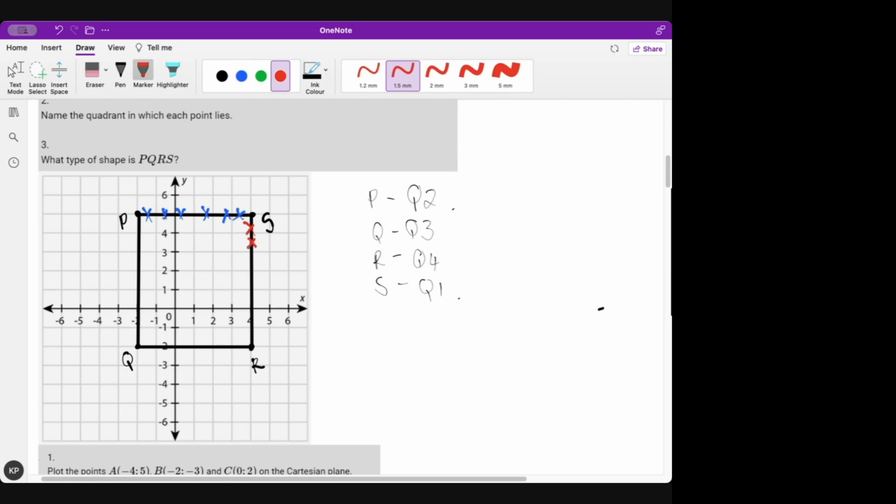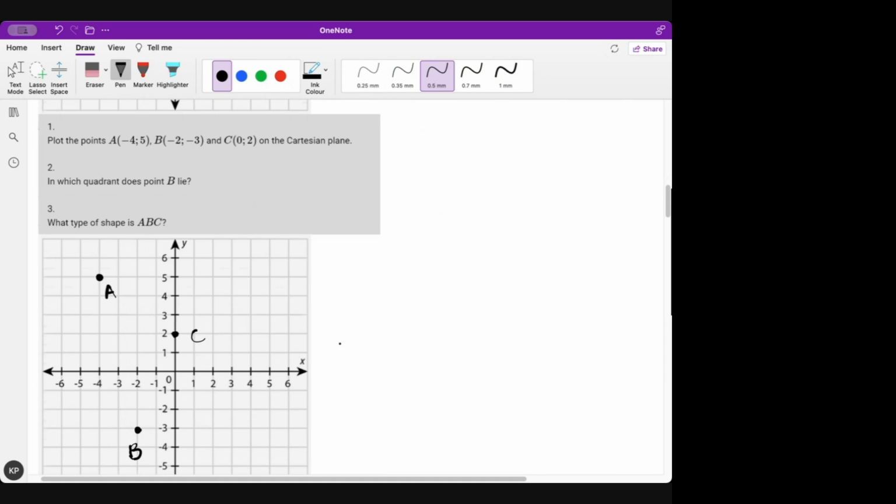And 1, 2, 3, 4, 5, 6, 7. That was so close, guys. This is actually a rectangle. Because if it was a square, all of them would have to be 6 or 7 each. So this is indeed a rectangle.